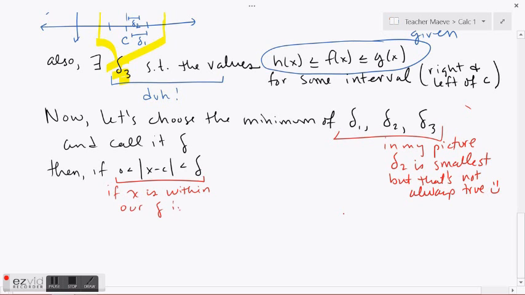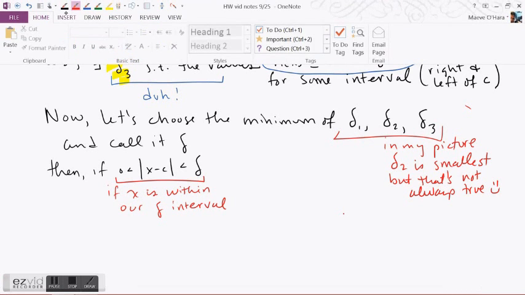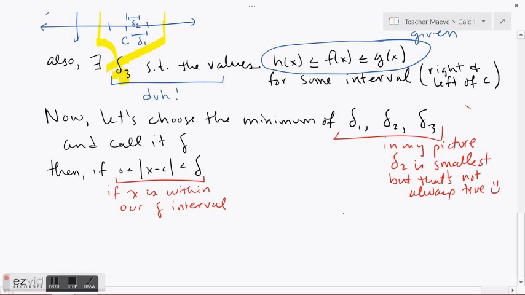In other words, if x is within our delta interval around c, we know for sure, because of the way we define delta, as the smallest of delta 1, delta 2, delta 3, that the absolute value of h of x minus L has to be less than epsilon, and the absolute value of g of x minus L has to be less than epsilon.